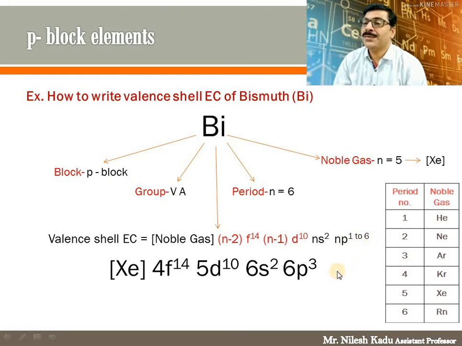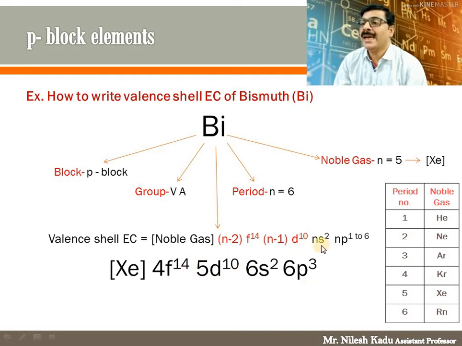Now here the value of n is 6. So put this value in the general valence shell electronic configuration. Here 6 minus 2 means 4f14. (n-1)d means 6 minus 1, that is 5d10.